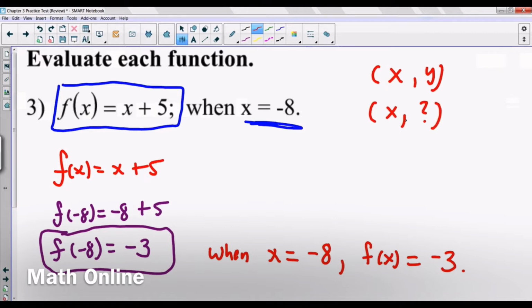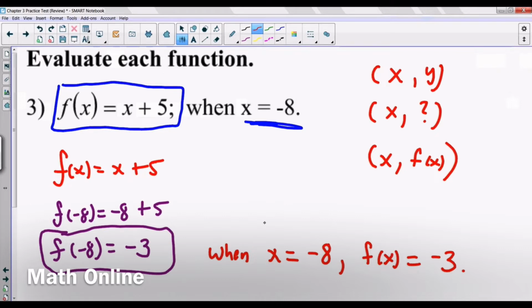But instead of using a y on the ordered pair or on the function itself, they're using function notation, and instead of the y, they're using f of x. So the x stays on the same spot, but instead of a y, we have f of x. So that's where I got the f of x. If this wasn't function notation, instead of f of x, we would actually have y, because f of x is another name for y.